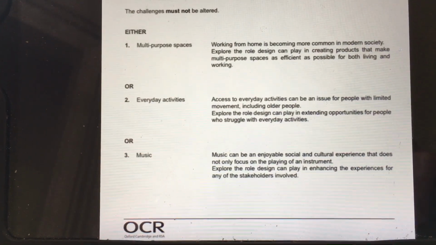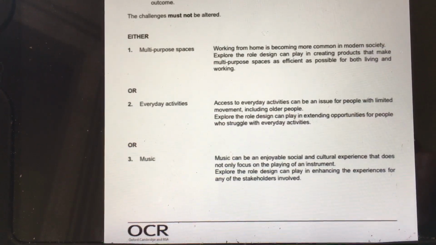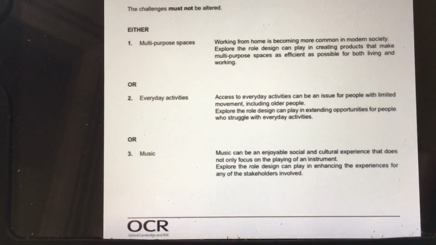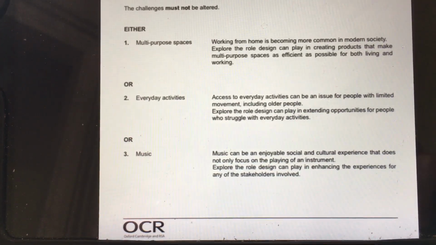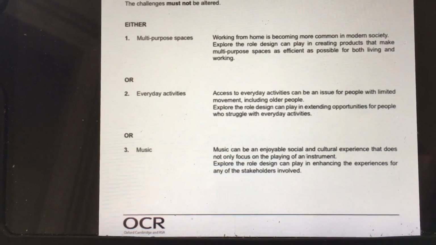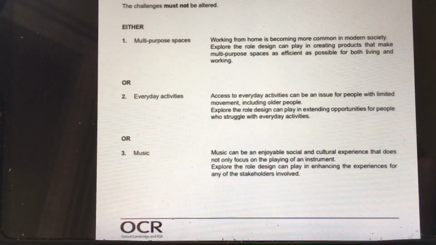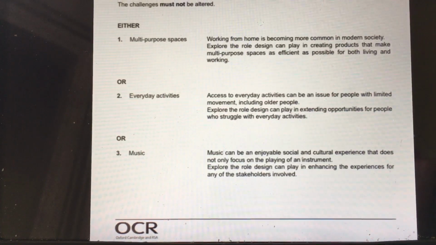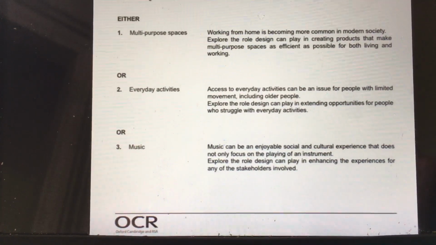Number 1, multiple purpose spaces. Working from home is becoming more common in modern day society. Explore the role design can play in creating products that make multi-purpose spaces as efficient as possible for both living and working. Number 2 is everyday activities. Access to everyday activities can be an issue for people with limited movement, including older people.